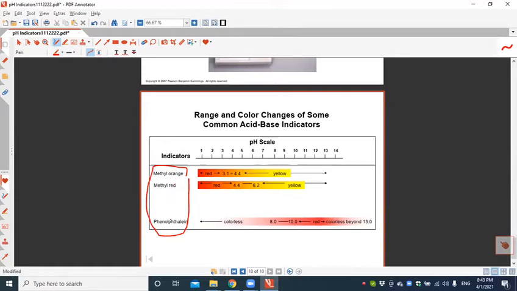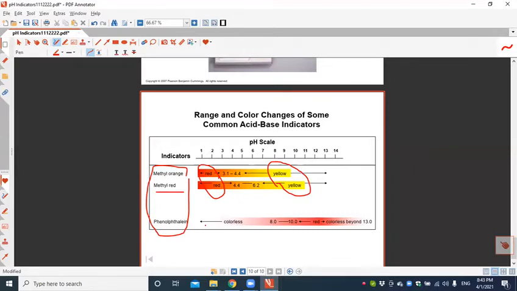Methyl orange, methyl red, and phenolphthalein all have a special color in acid and basic solutions. Methyl orange and methyl red are both red in acid, and yellow in base. They are almost the same, but methyl orange changes at 4.4 and methyl red at 6.2 toward basicity.